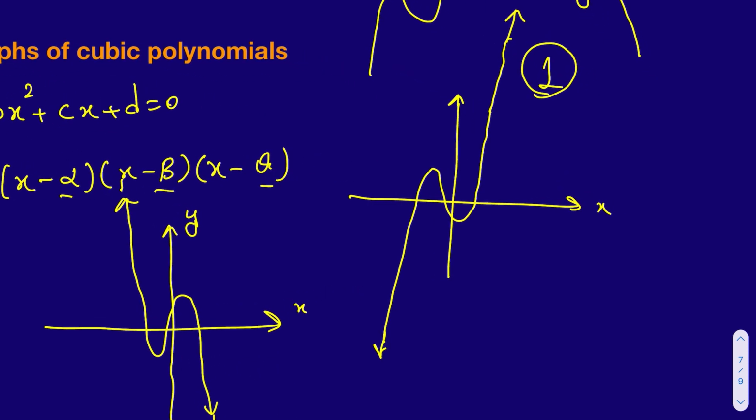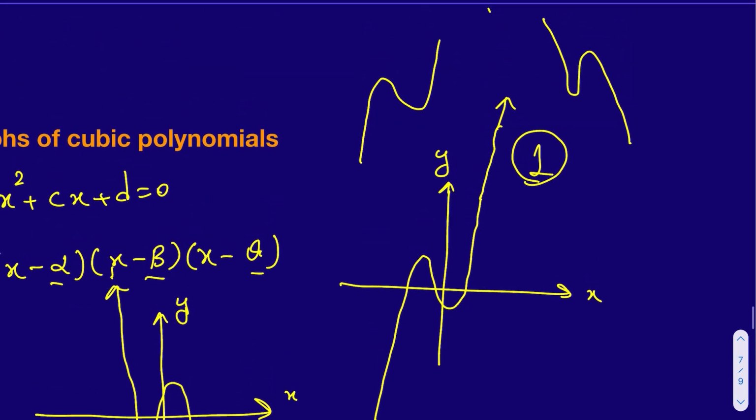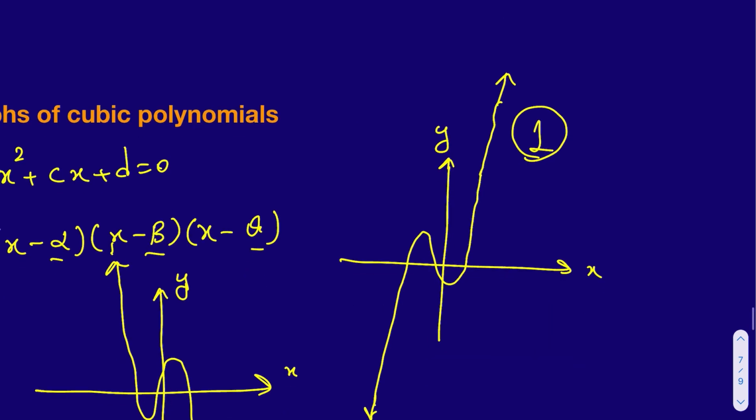If we look carefully at these two shapes, we will realize that in shape number one, as the value of x increases, approaching positive infinity, the value of y also goes up, approaching positive infinity.